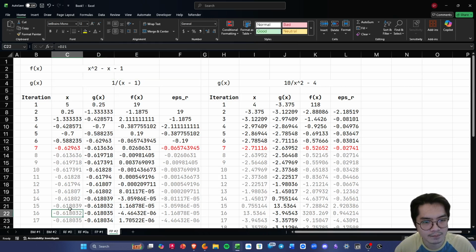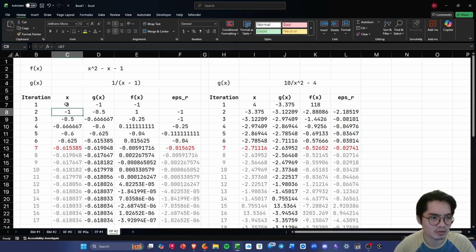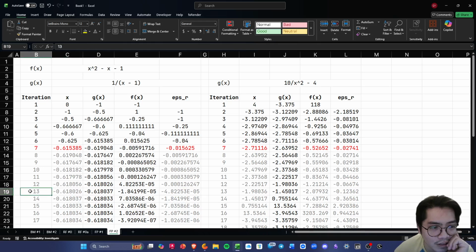As you can see, say for example, we pick a somewhat smart value in here. We pick a 0. If we pick 0, here it will take us 13 iterations to get to our answer, which is very interesting. Maybe a comparison with regula falsi may tell you how effective the fixed point iteration is.